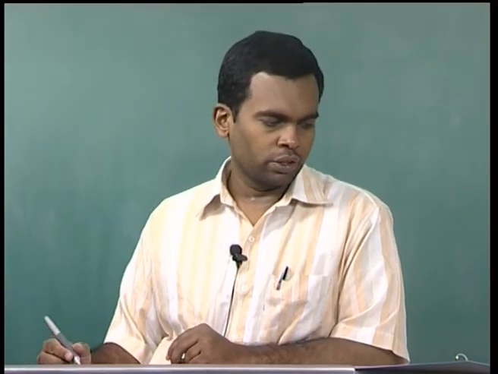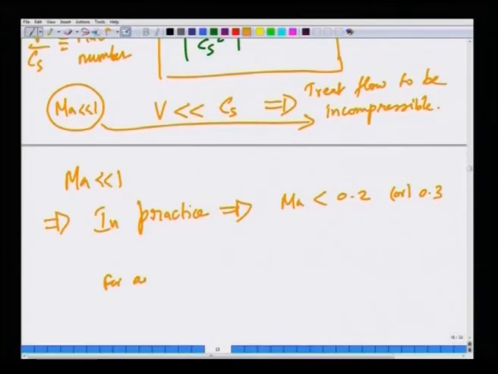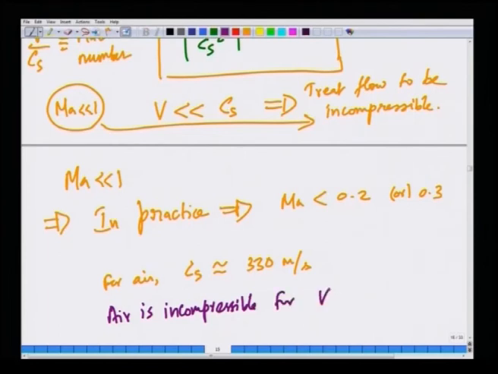Okay. So, since we know that for air the speed of sound at room temperature is 330 meters per second, the flow of air can be thought to be incompressible for velocities less than 100 meters per second.